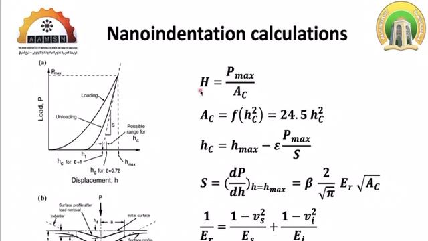But remember, the H calculated here represents the real hardness of the material, because we eliminate the elastic recovery of the material, which we can't do in the traditional hardness test.